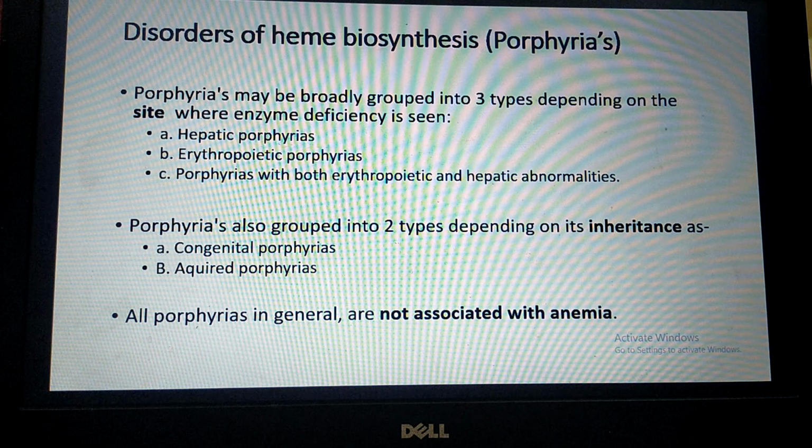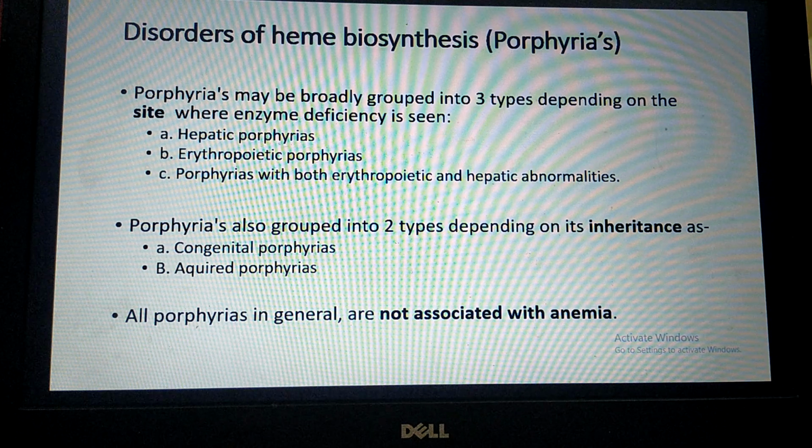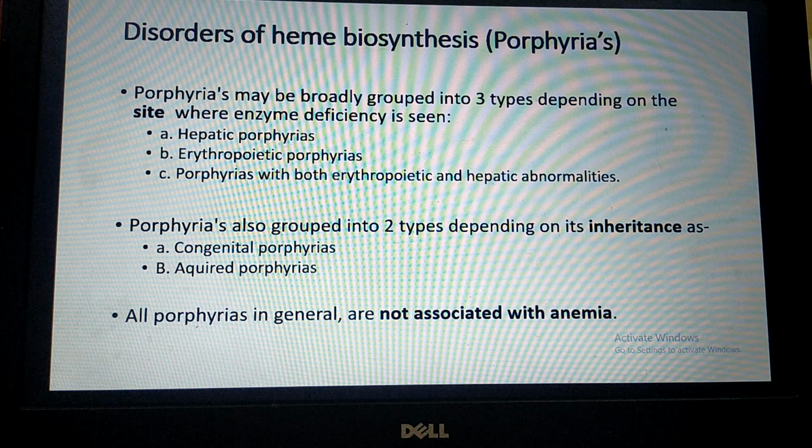Porphyrias are classified into three types depending upon the site where enzyme deficiency is seen. Enzymes of the heme biosynthesis pathway are deficient.